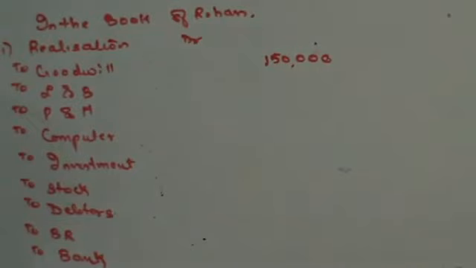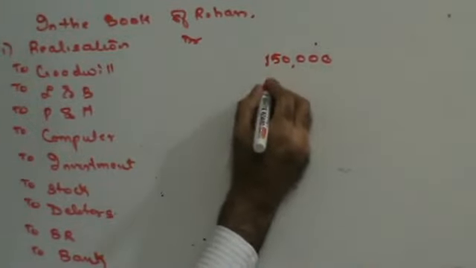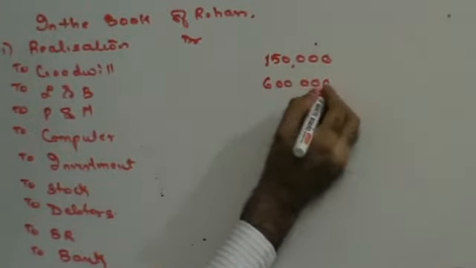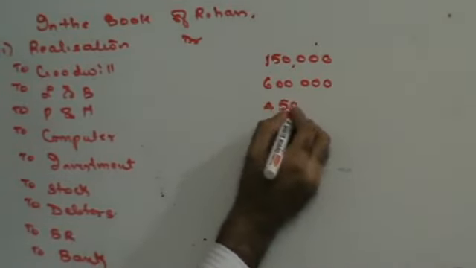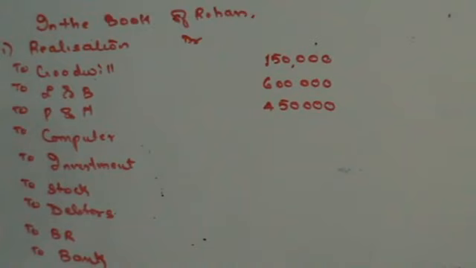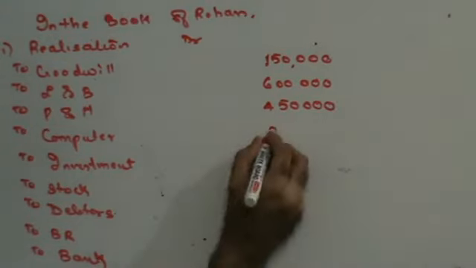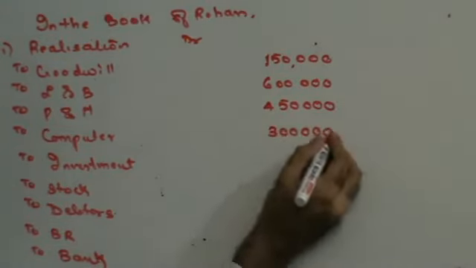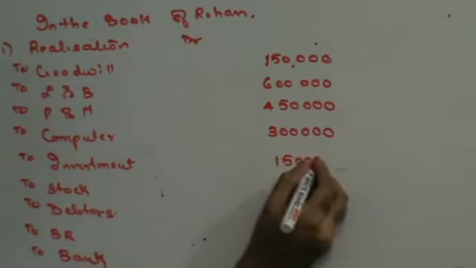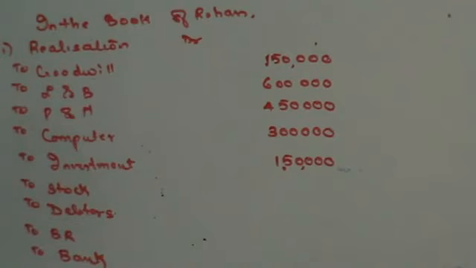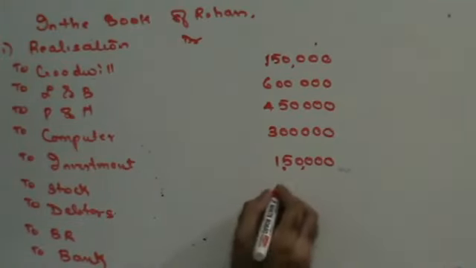Land and building is 6 lakhs. Then plant and machinery is 4,50,000. Computer is 3 lakhs. Investments is 1,50,000. Stock 3 lakhs.